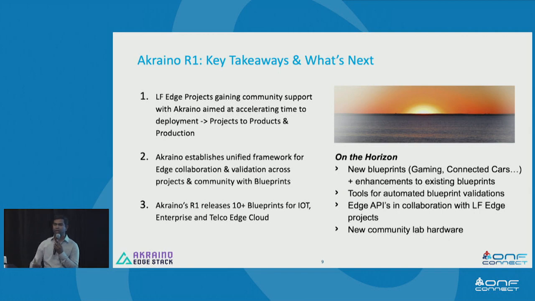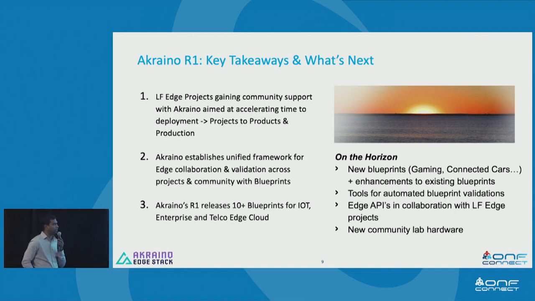People may think, why do we have 10 blueprints, why can't it be one? Because, as I pointed out on the first slide, the deployments could be different. It could be a small, ARM-based deployment, like a Raspberry Pi, or it could be a deployment on a large server. If the use case is different, then a different software customization or configuration is needed to support it. That's why you see different blueprints.